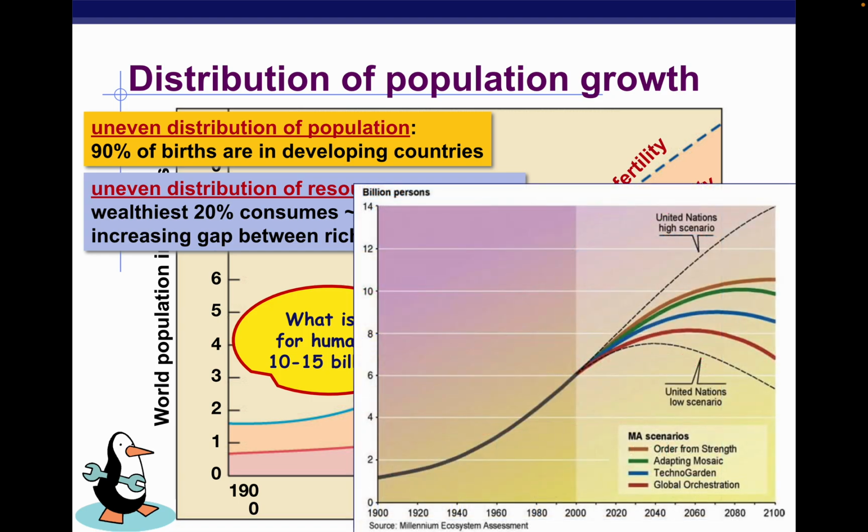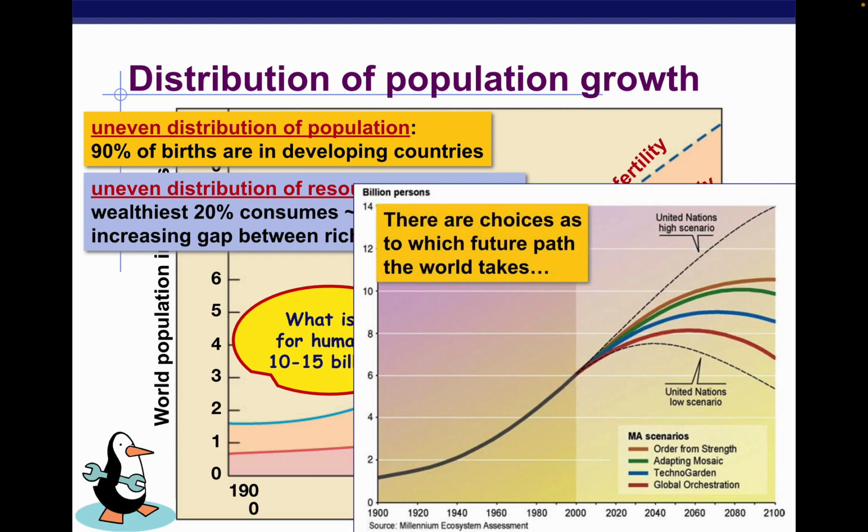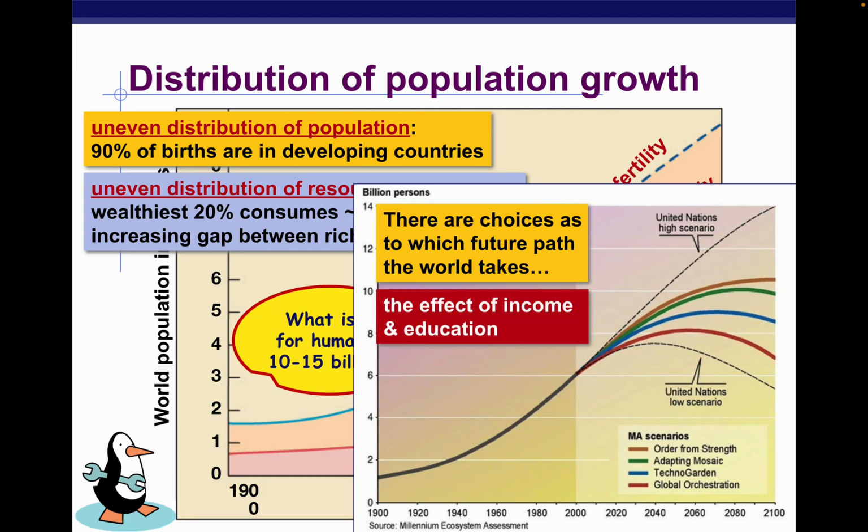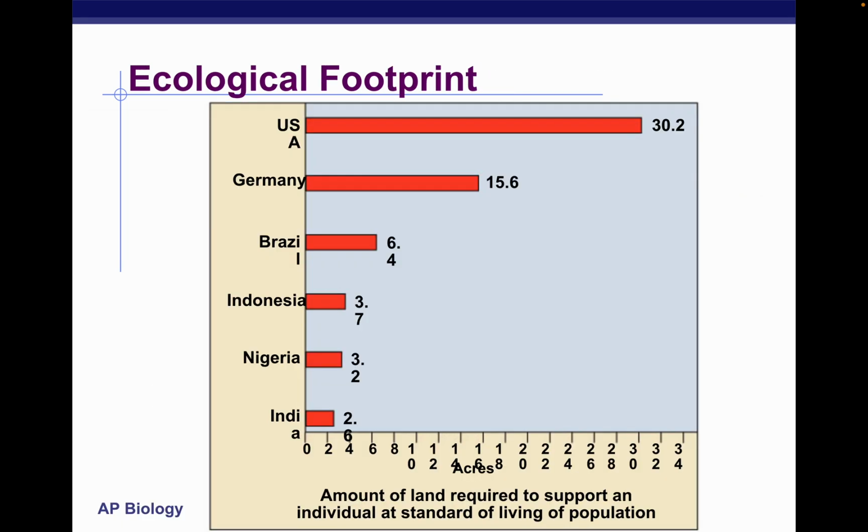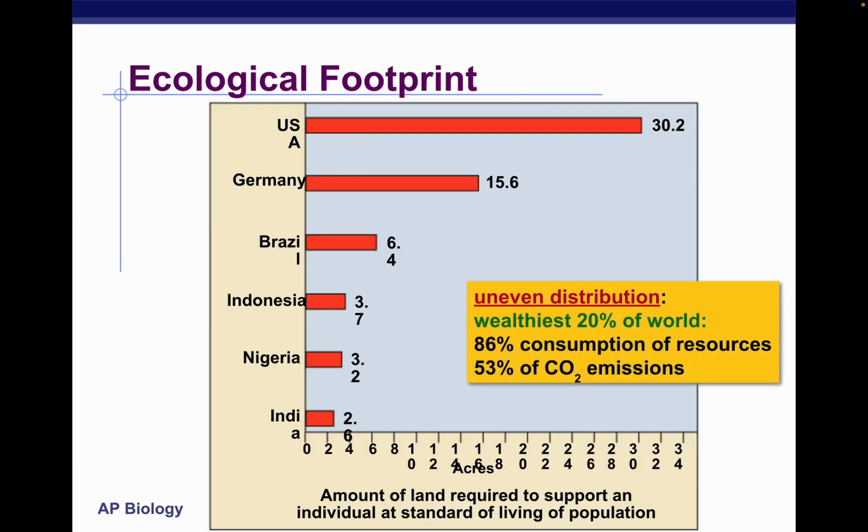Okay, so let's take a look at what we're seeing here. Again, there are a lot of choices in what we take, and this has to do with income and education. This is just a brief look at our ecological footprint. There's an uneven distribution.